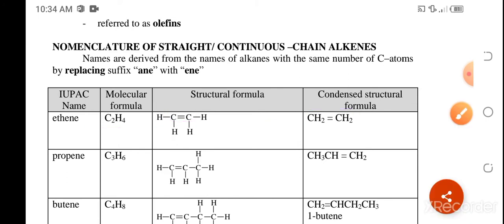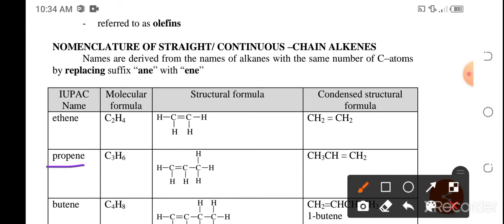Next alkene is propene with 3 carbon atoms. Molecular formula is C3H6. So, these 3 carbon atoms are arranged in a straight chain. The double bond is in between carbon number 1 and carbon number 2. To satisfy the 4-bond requirement, the carbon number 1 needs 2 more hydrogen.